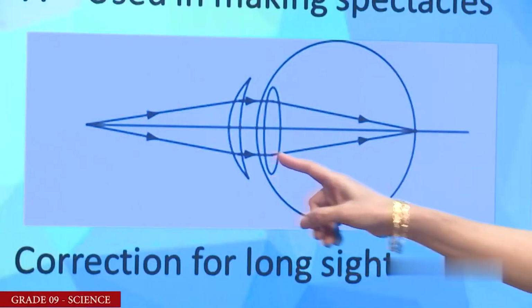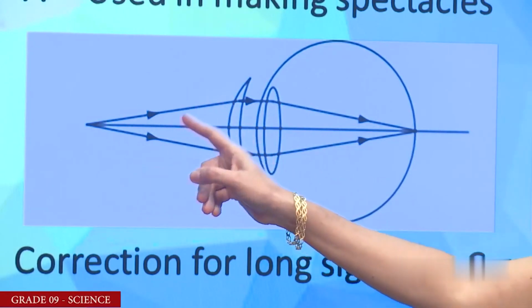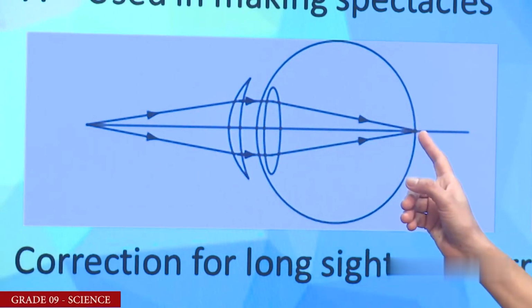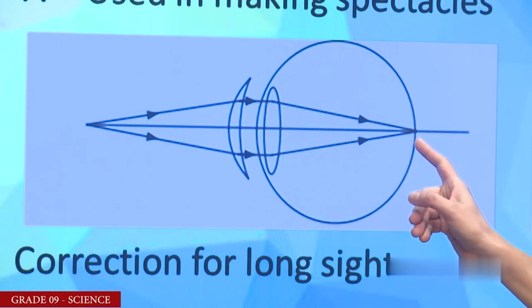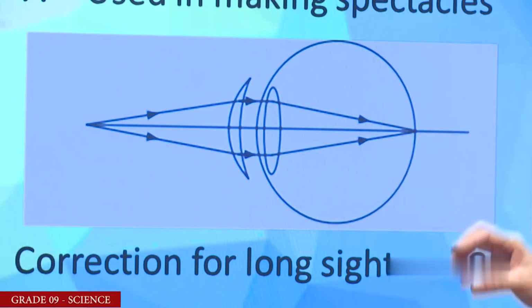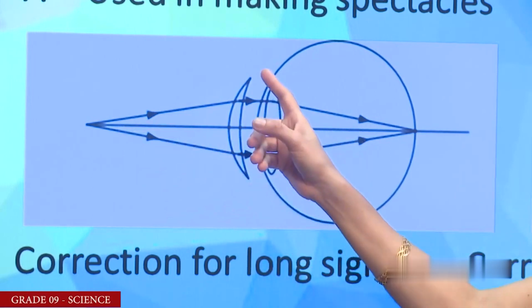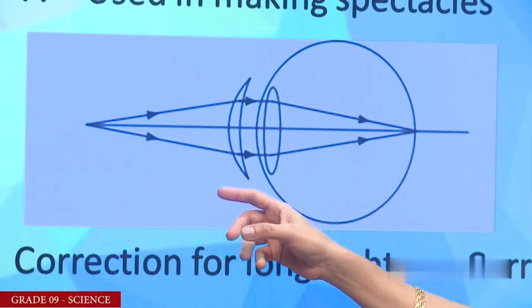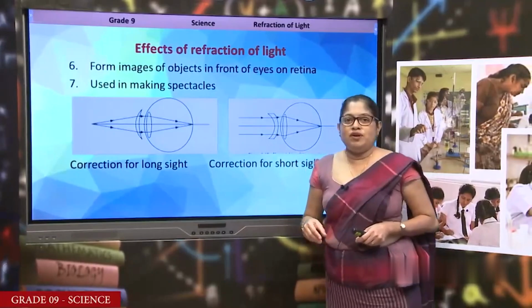So, you can see light rays coming from the nearby objects are refracted through this lens and collected to this point. We call this point the retina, forming the image, so that people who have long sight can see the objects nearby when you use a lens like this in their spectacles. So, in making spectacles, refraction of light is important.